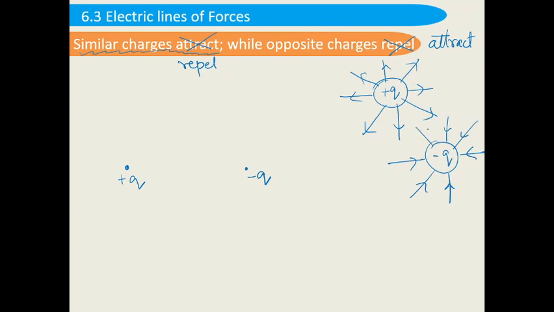So if there is an origin, this is the generation and this is the termination. Every generation needs termination. So electric lines of forces are getting generated from plus Q, and they find something on which they can terminate. So the electric lines of forces are now getting shifted in this direction.